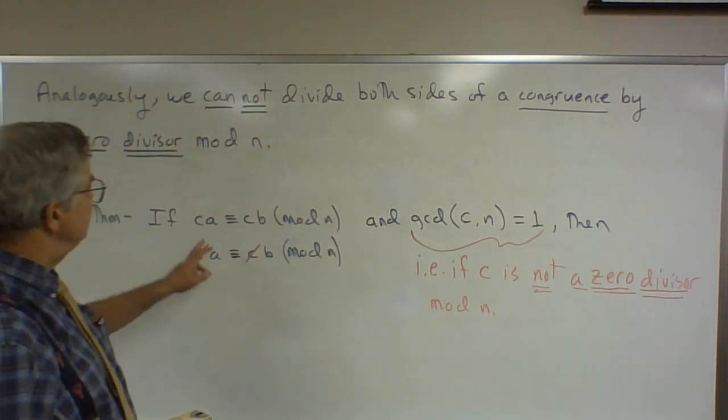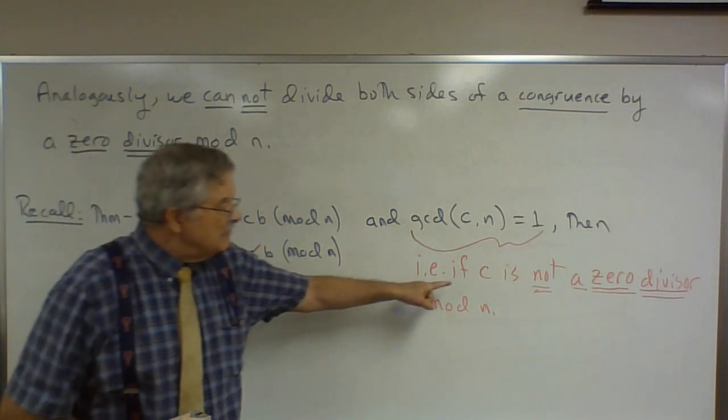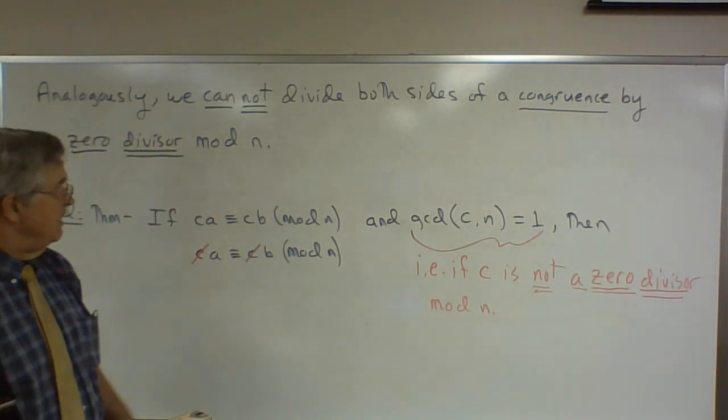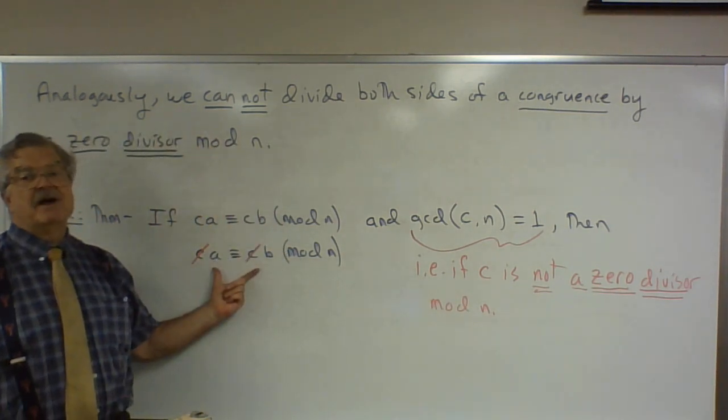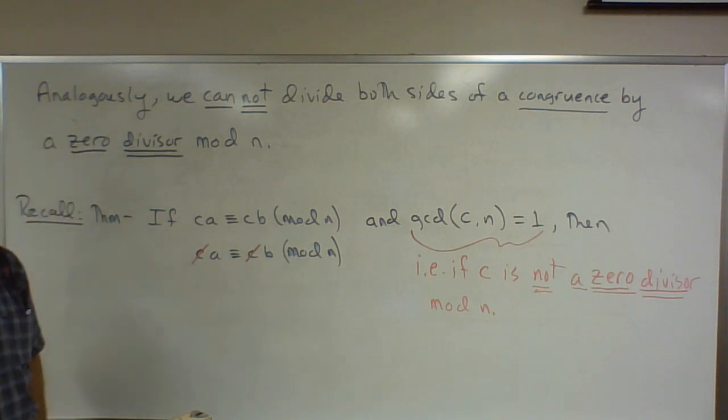It's saying if CA is congruent to CB mod n, and C is not a 0 divisor mod n, then we can divide both sides by C.